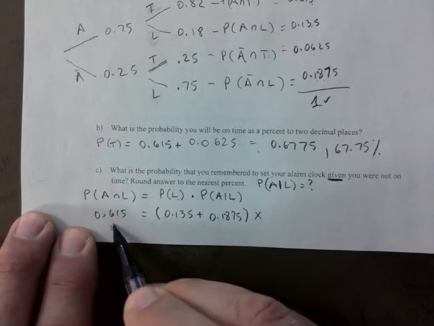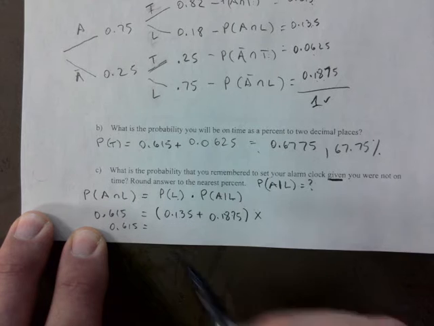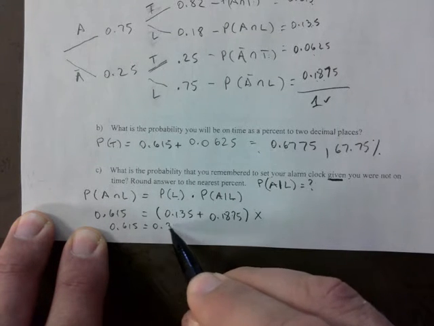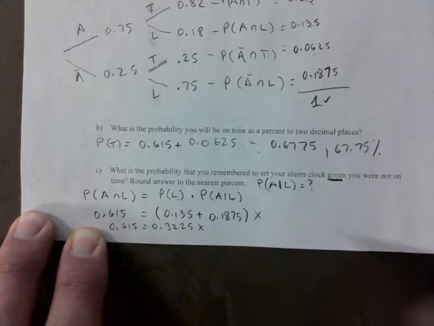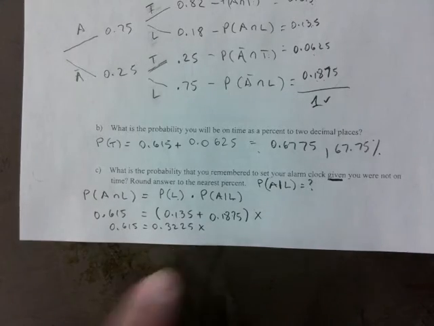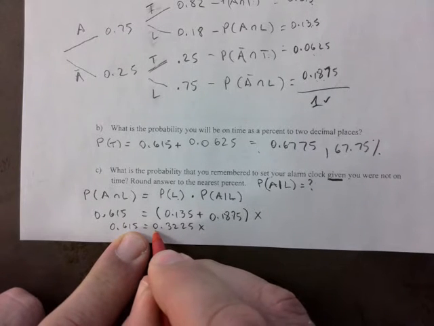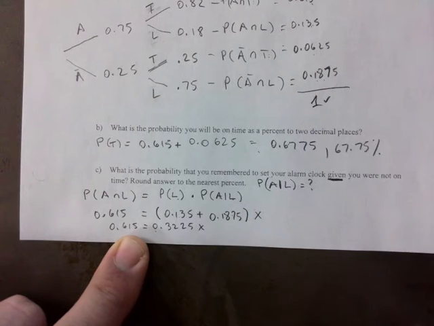One more line, 0.615, this is going to be tight. This adds up to 0.3225x. And now what's the last thing we do? Divide both sides by... I think I made a mistake.